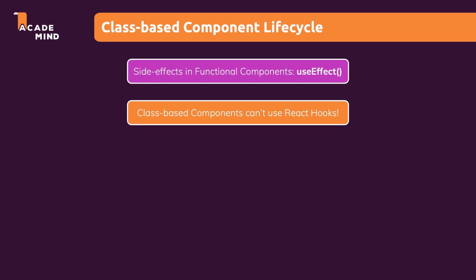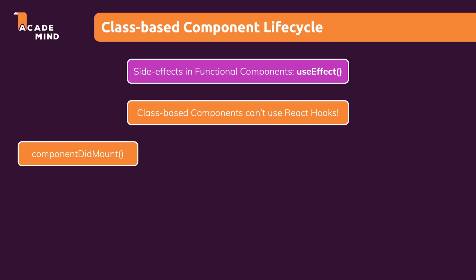And of course, every component technically has a lifecycle. It, for example, is rendered to the DOM or removed from the DOM. But there are specific methods you can add to class-based components to run code at different points in that lifecycle. And the first, most important lifecycle method you can add to class-based components is the componentDidMount method.